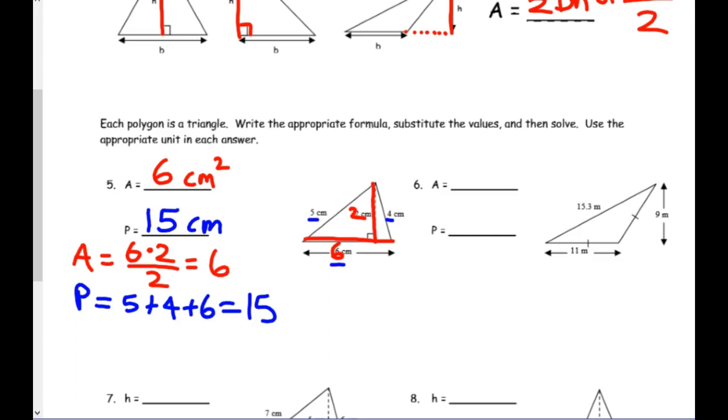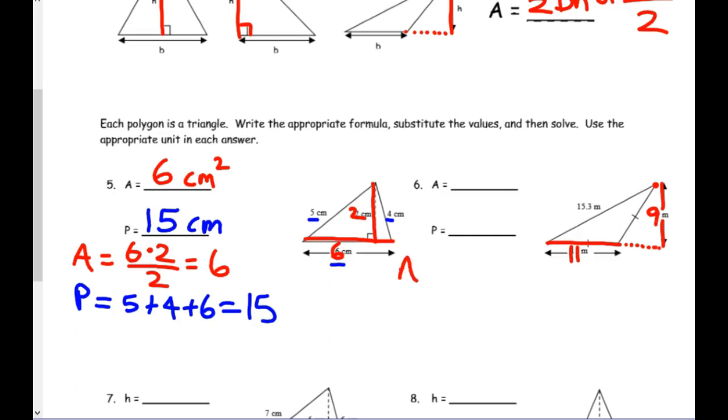On 6. So, what's the base? On the bottom, the base is 11. The height from the highest point straight down is 9. So I got my base, I got my height.